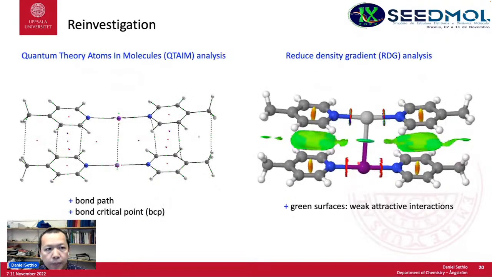We also observed that there is a bond critical point between silver and iodine, and also a bond path. The reduced density gradient also showed a weak interaction between silver and iodine, and also the pi-pi interaction in this case.